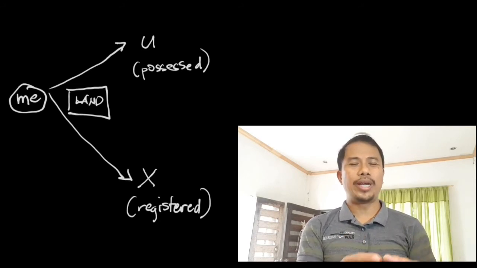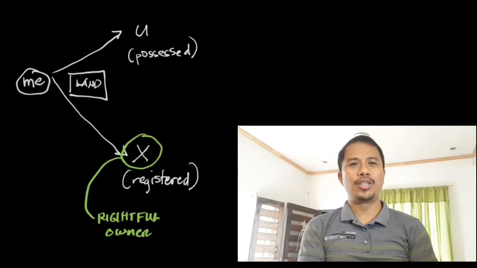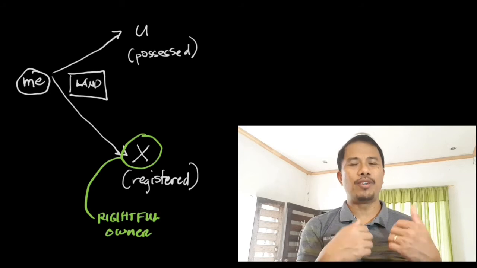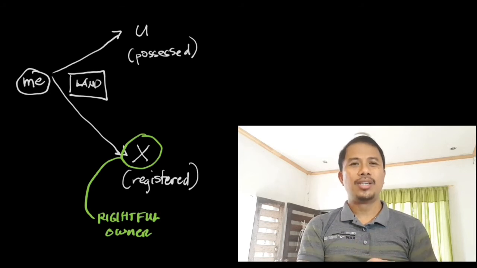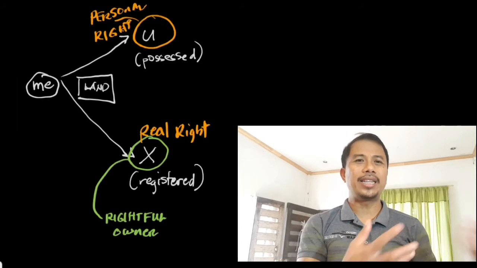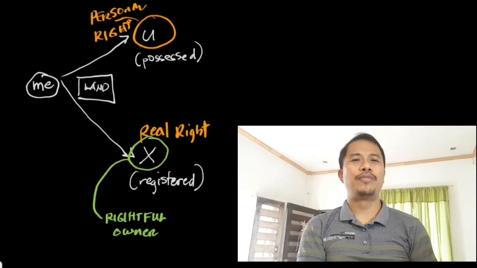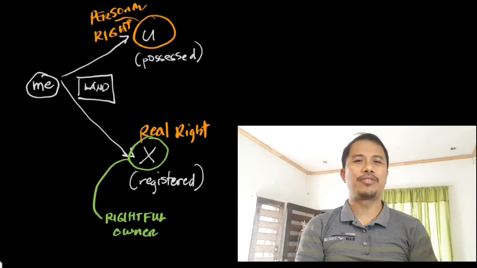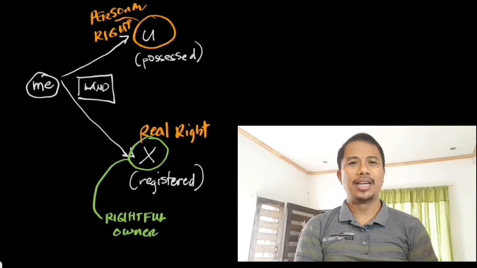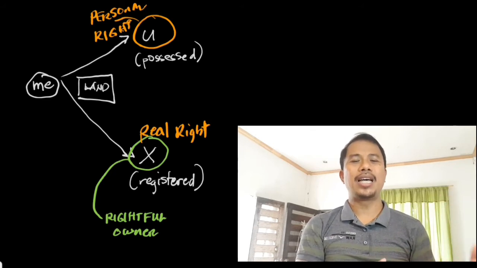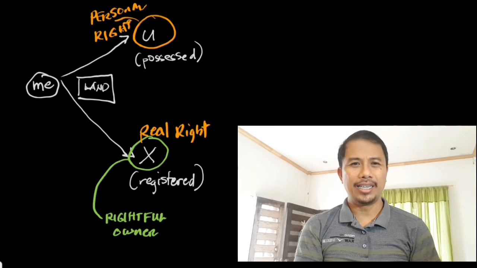So between you and X, the rightful owner of the land is X. What right do you have over the land that I sold? It's just a personal right. What right does X have over the land when he already transferred the title of the land from my name to her name? Then X already has the real right.